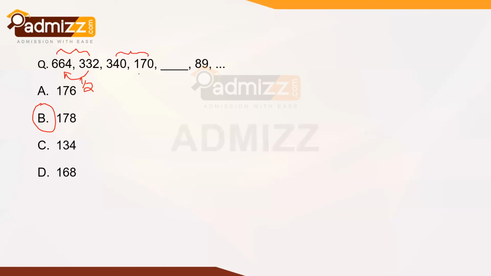In the same way, 170 is the exact half of 340, right? In the same way, 89 should be the exact half of this particular number. What that also means is that this number should be the double of 89. And the number that is double of 89 is 178, and that is the correct answer. Was that clear to everyone?